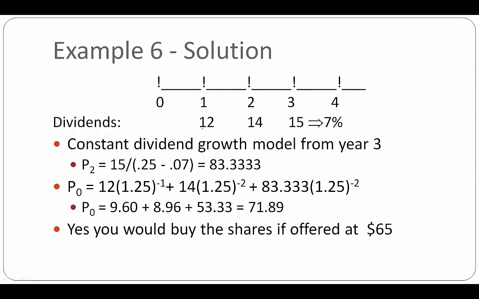So what we're going to do is two things. We're going to calculate the present value of the first dividend, the present value of the second dividend. So we're going to bring those back to period 0, right? That's what present value is doing. And then, starting at the end of period 3, there is a stream of dividends. It starts at $15 and it's going to grow 7% constantly.